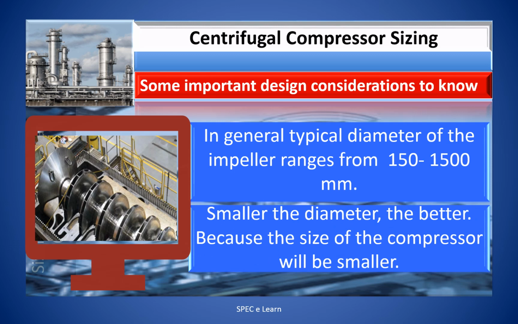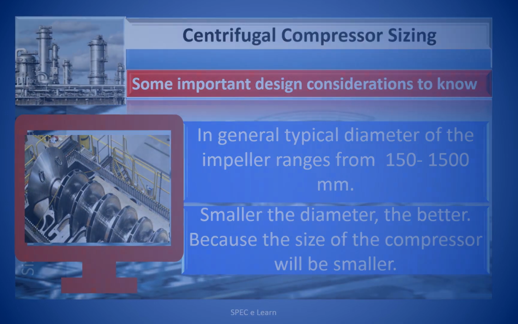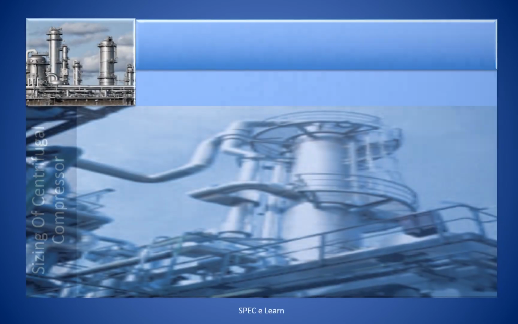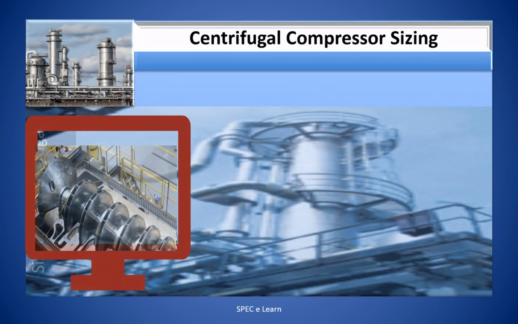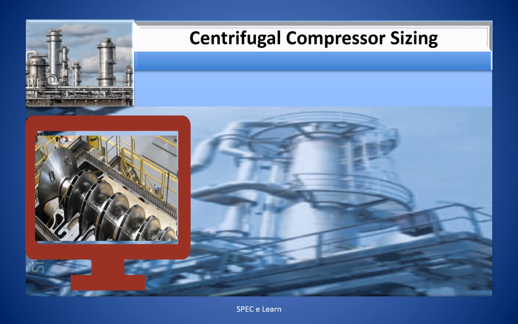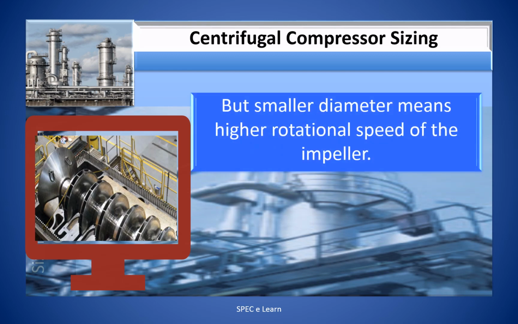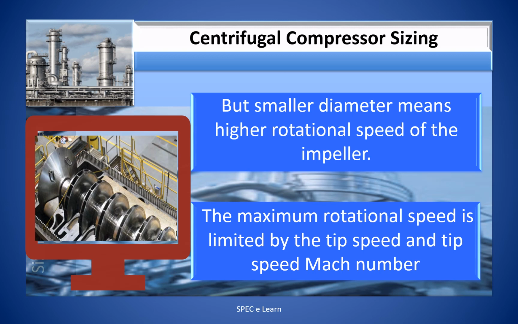The smaller the diameter, the better, because the size of the compressor will be smaller. But small diameter means higher rotational speed of the impeller. The maximum rotational speed is limited by the tip speed and tip speed Mach number.